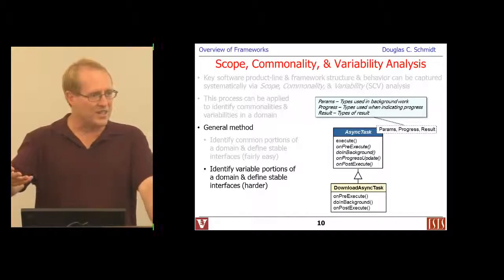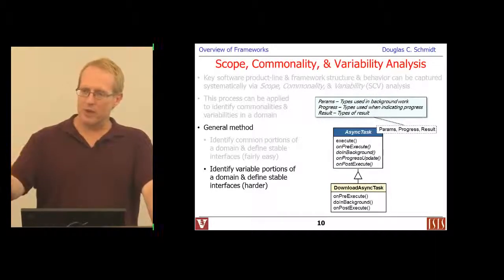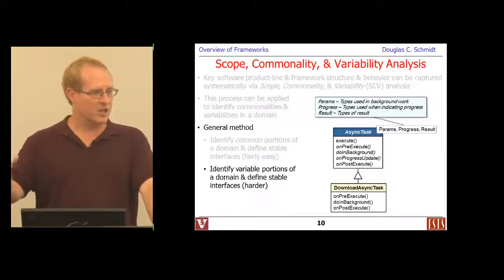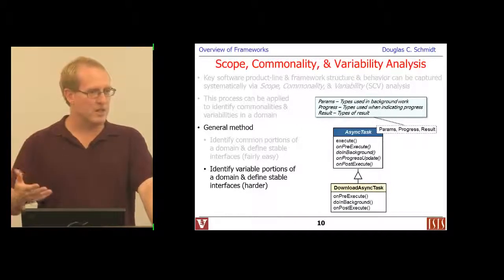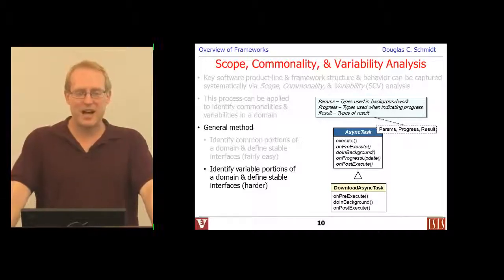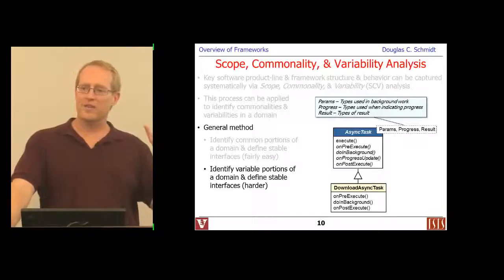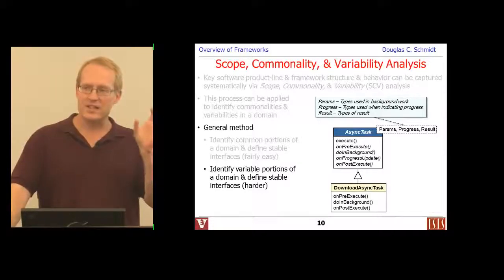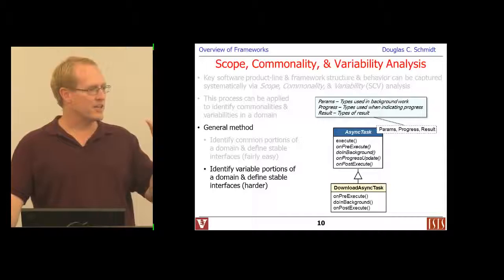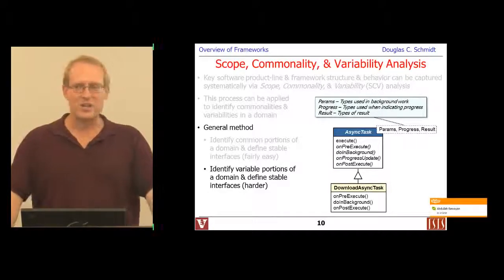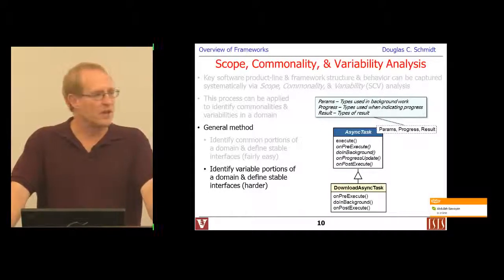So those are all things that vary, but we come up with a way to make them vary in consistent ways by having them be template parameters to the async task generic type. So they're parameterized types. I guess they're not templates because it's Java. They're generic types that are passed to the generic async task. So that's one way we have variability, i.e. things that can change, have a common interface. Likewise, we also have the signatures for the hook methods.